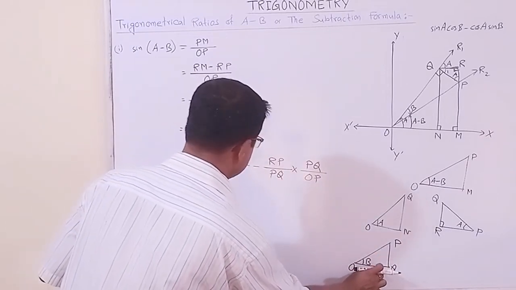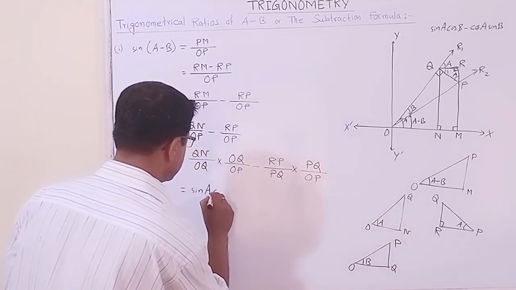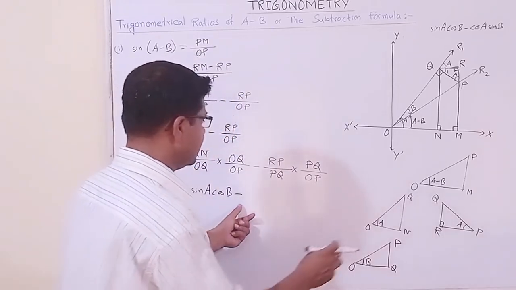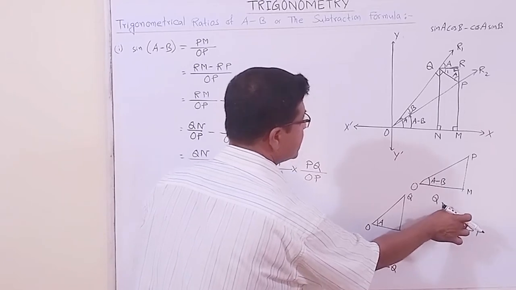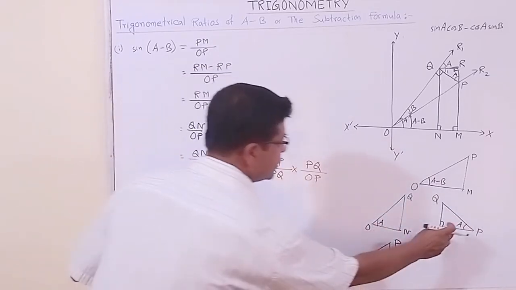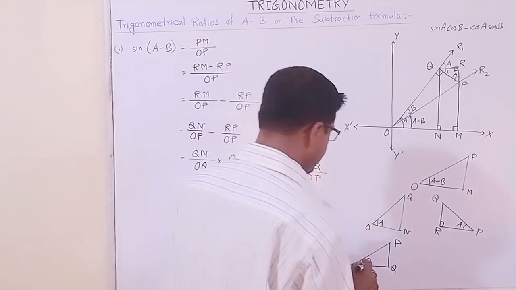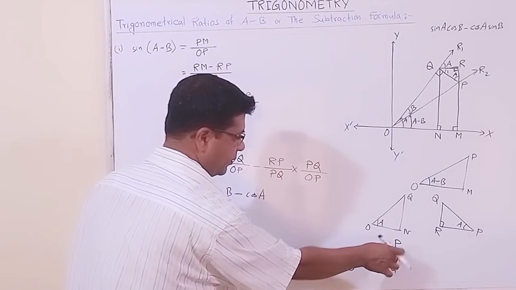What is OQ by OP, base by hypotenuse? Base by hypotenuse is cos of B, minus RP by PQ. You see here, RP is the base, by hypotenuse. Base by hypotenuse is cos. Cos of which angle? A. Cos of A. Next, PQ by OP, perpendicular by hypotenuse.